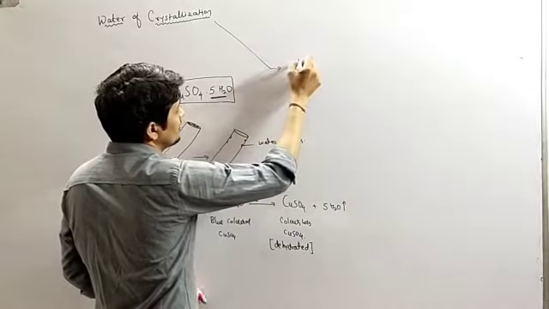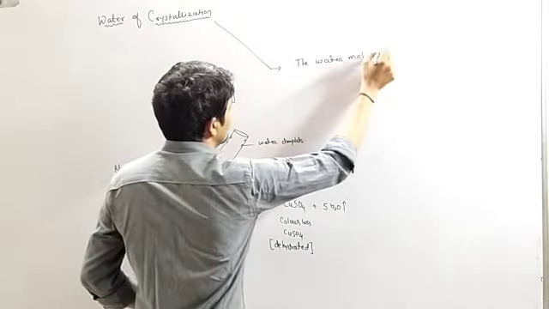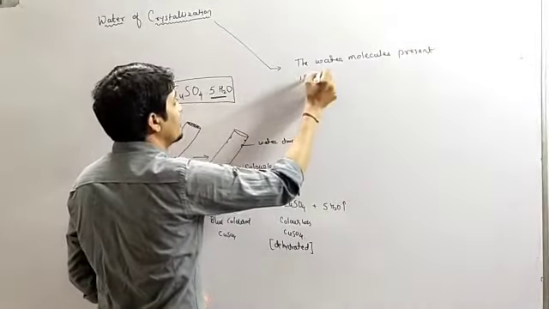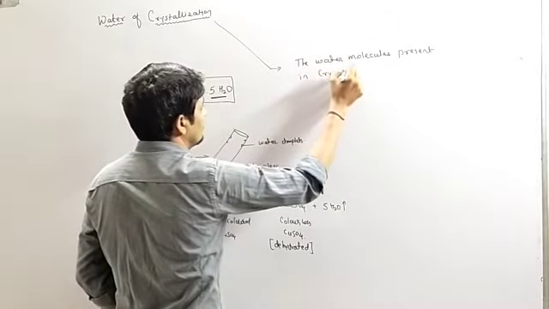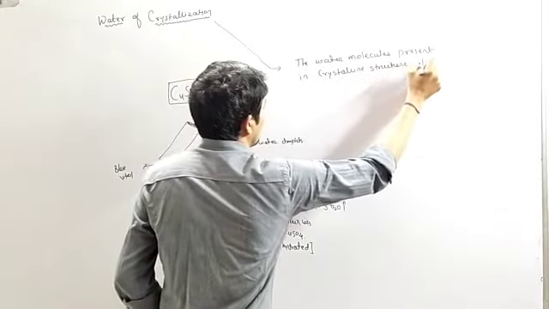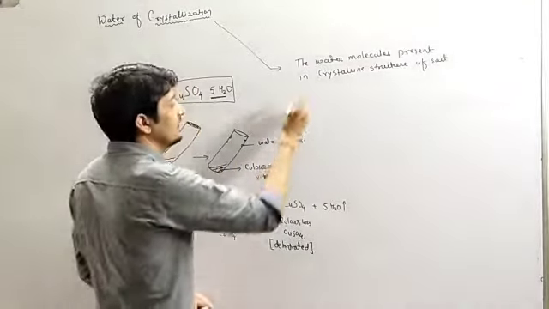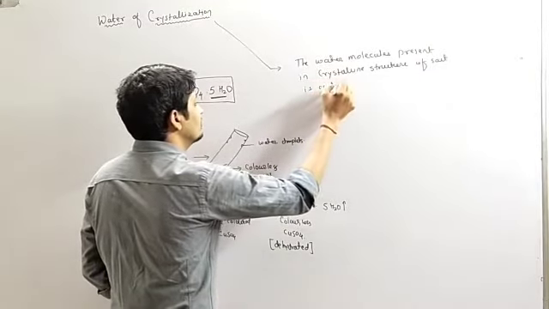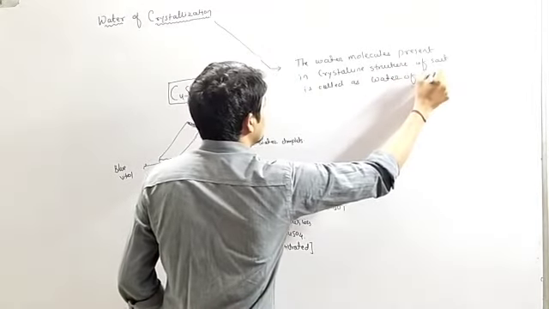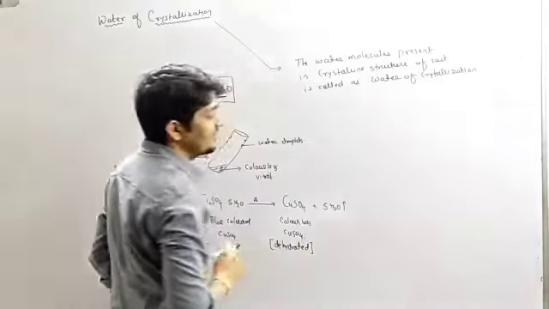The water molecules present in the crystalline structure of salt, which are responsible for its color, are called water of crystallization.